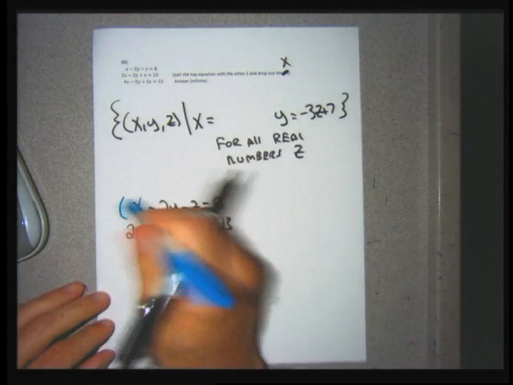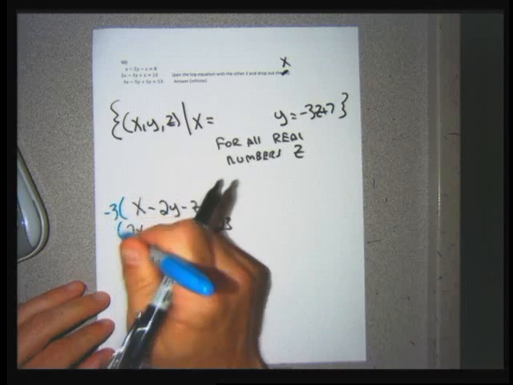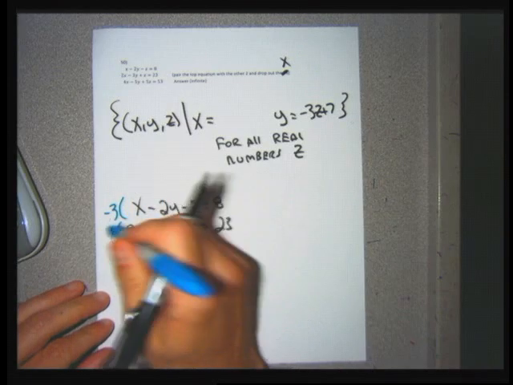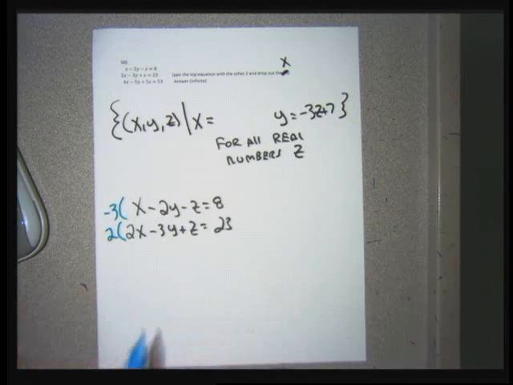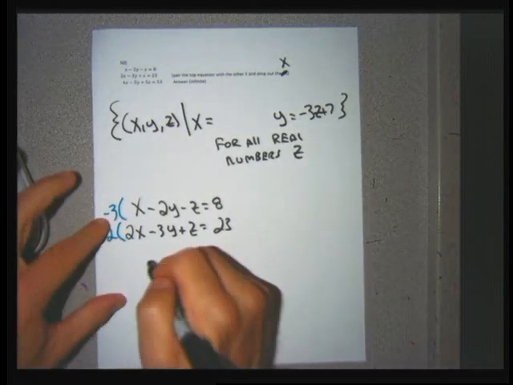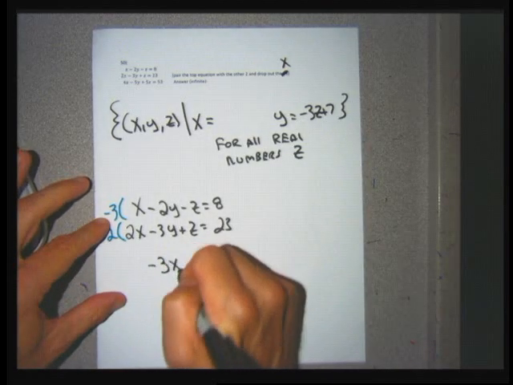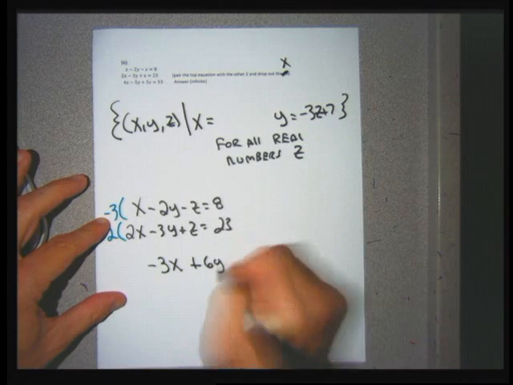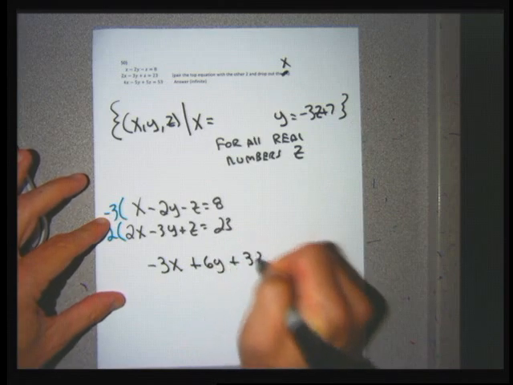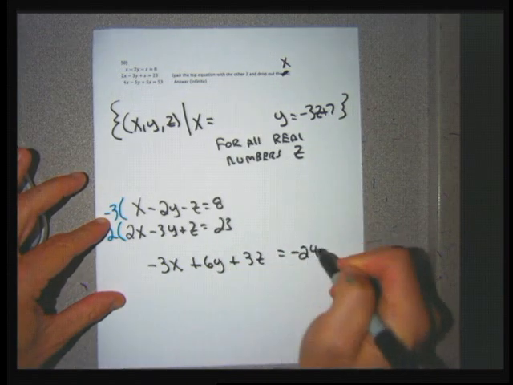I'm going to multiply this by negative 3, this by positive 2, and when I do that, I'm going to get negative 3x plus 6y plus 3z equals negative 24.